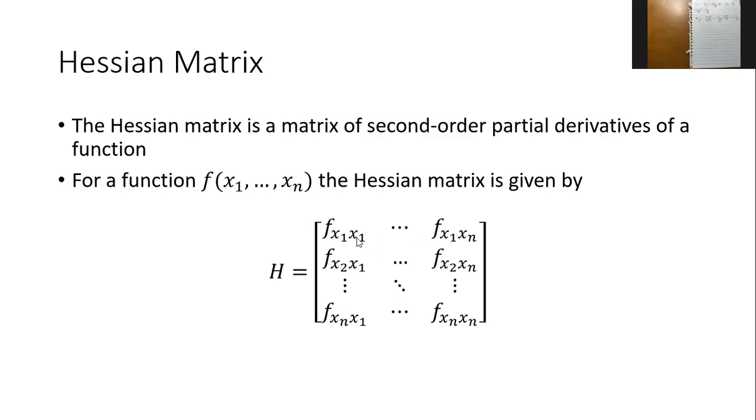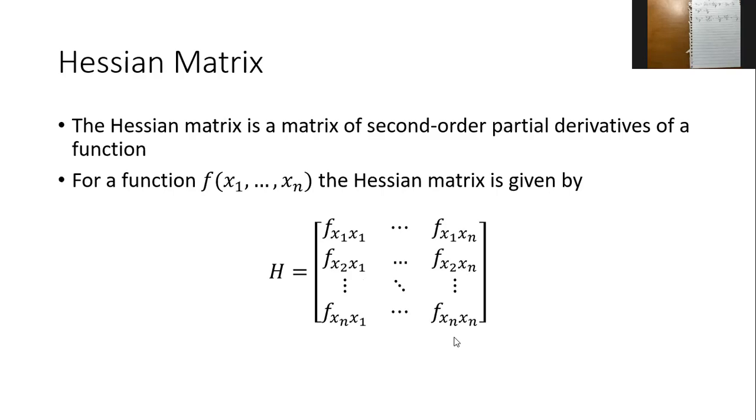So it'd be like f x1 x1, f x1 x2, ... f x1 xn. This first row all has x1 first. The second row all has x2 first. All the way down to this row, which all has xn first. When I say first, I mean taking the derivative first.